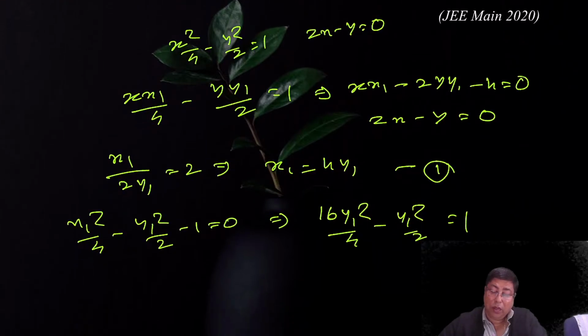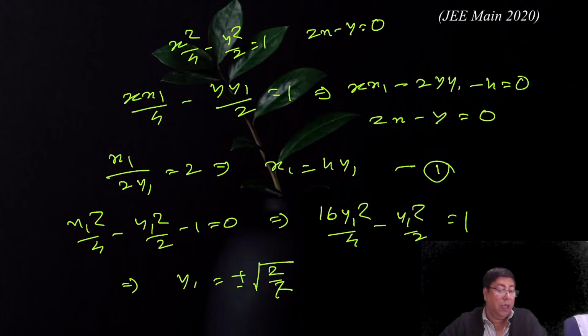Therefore we are getting y1 equal to plus minus root over 2 by 7, and just put y1 in x1 equal to 4y1. We are getting here x1 equal to plus minus root over of 32 by 7.